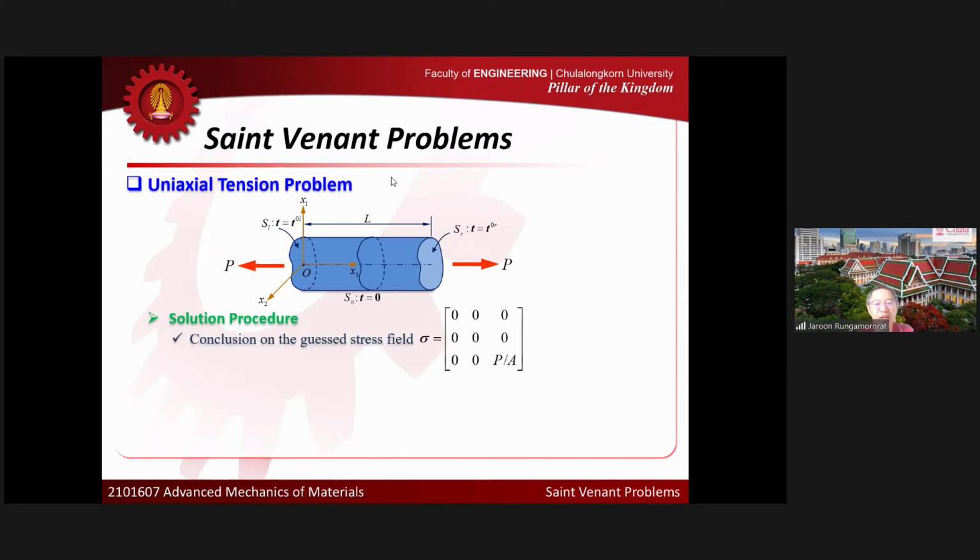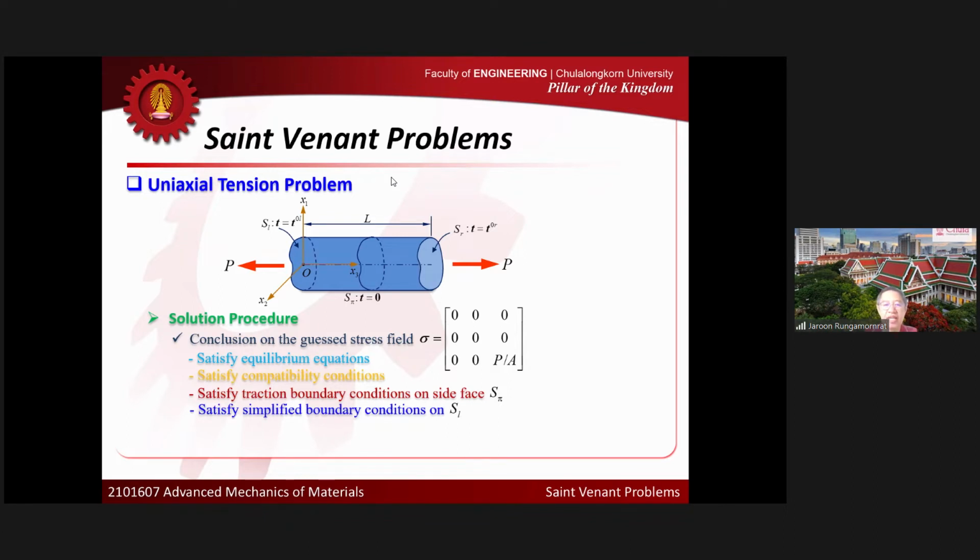So now I conclude that this one is the solution of the problem, right? Because it satisfies the equilibrium equation, it satisfies the compatibility condition, it satisfies the boundary condition on the surface S pi, and it satisfies the simplified boundary condition on the surface SL. The simplified boundary condition here simply means that the net forces and net moments are satisfied, not the traction individually.